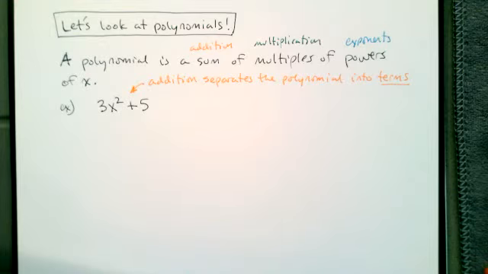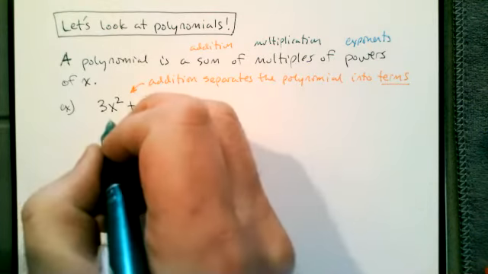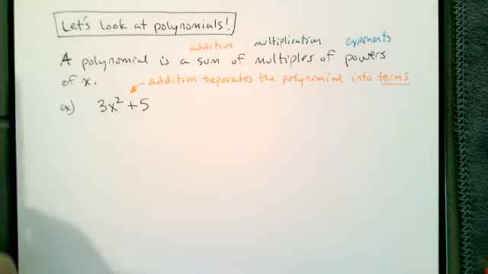Of multiples of powers of x, this first term, 3x squared, is a multiple: 3 times the second power of x. So this is the x squared term.